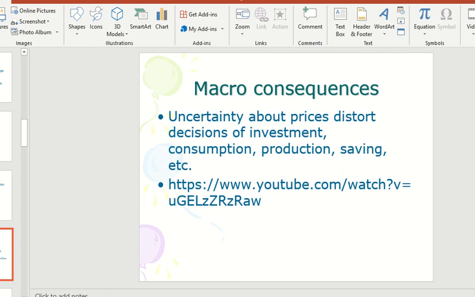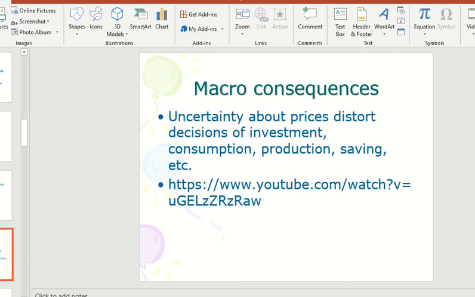Let's recall investment. When we talk about GDP, investment in macroeconomics means spending on capital goods and services. Because prices are highly unpredictable, companies are unlikely to want to invest as much, because they don't know how to price their goods and services. If the price is too high, they are afraid that they will turn away their customers.